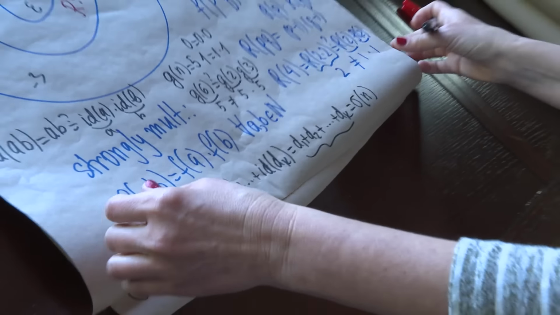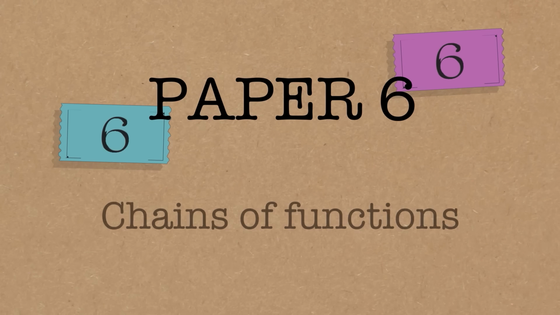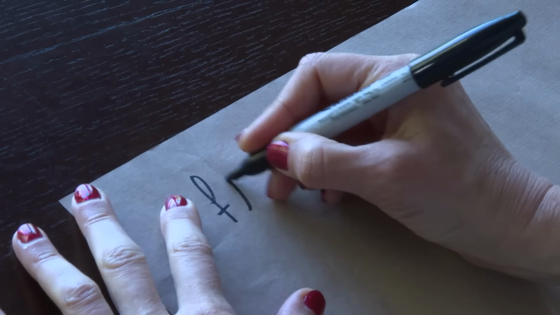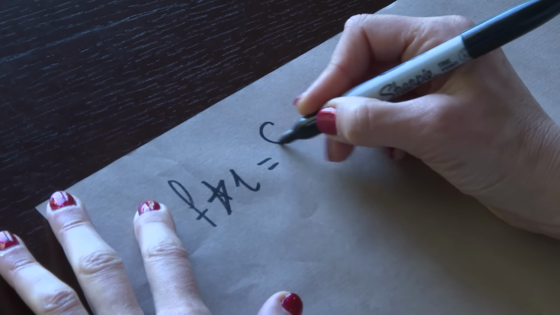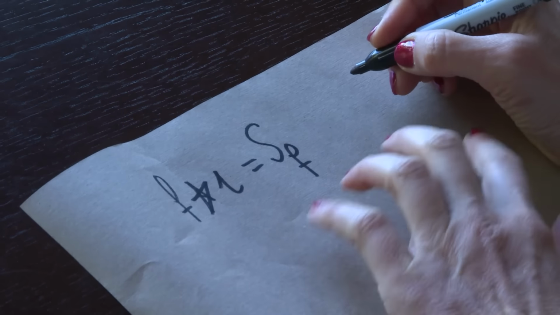So now I need a new sheet of paper so we can draw chains of functions. We see that the functions are starting to get related to each other. Just to remind you, if you take a function and Dirichlet it with this one constant function, you're going to get what we call the sum function of f. And what did we find?